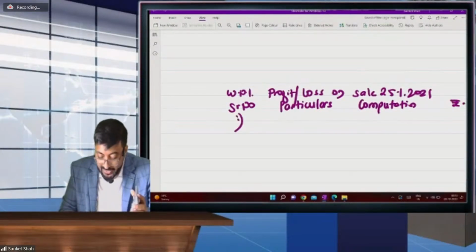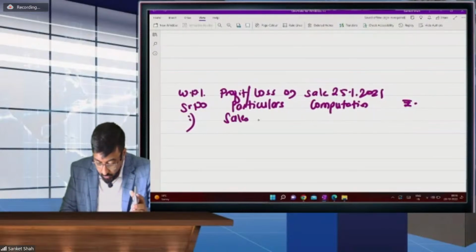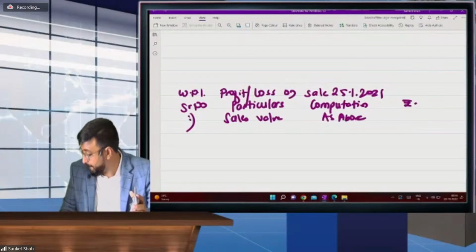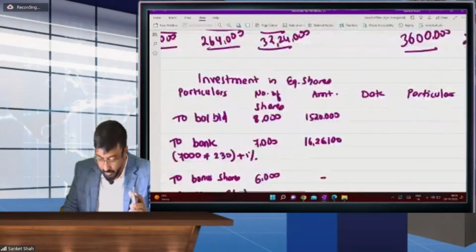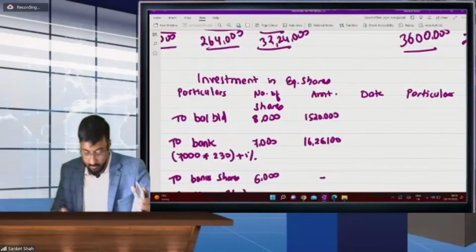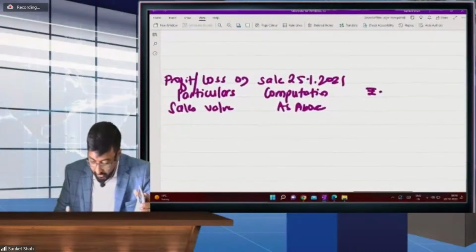You have to match my speed, compulsory. Sales value as above. As above. $18,01,800.